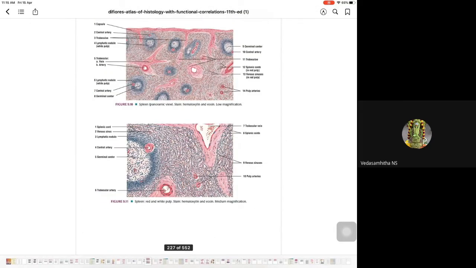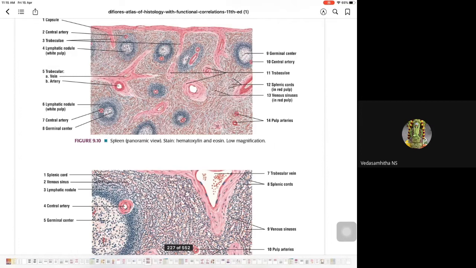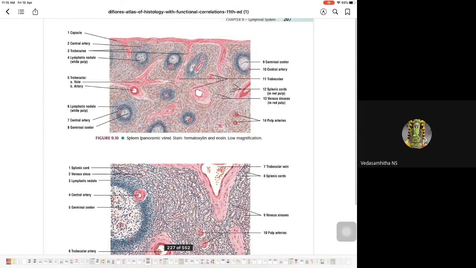Spleen, panoramic view, stain hematoxylin and eosin, low magnification. Capsule, central artery, trabeculae, lymphatic nodule, white pulp, trabecular vein and artery, germinal center, central artery again, splenic cords in red pulp, venous sinuses in red pulp, pulp arteries.